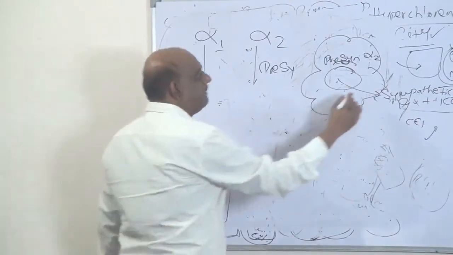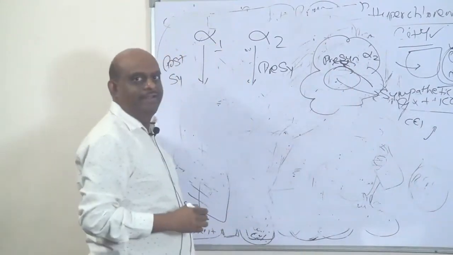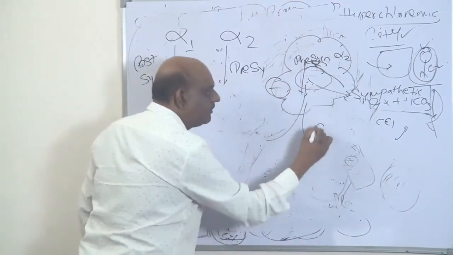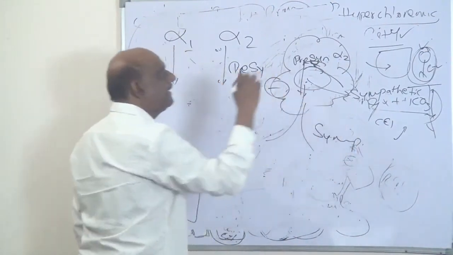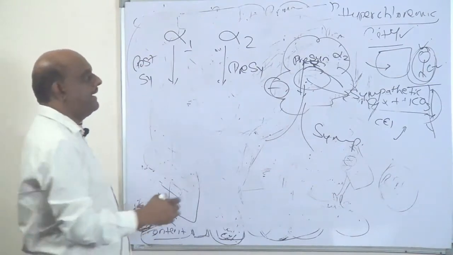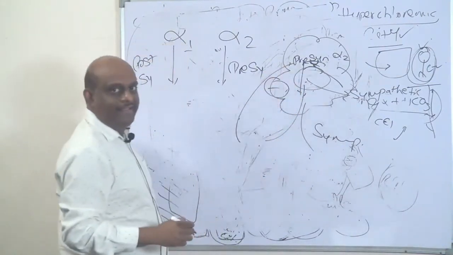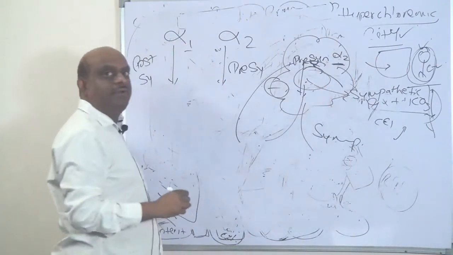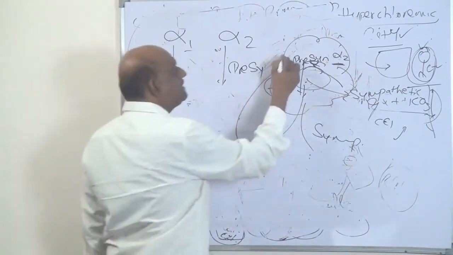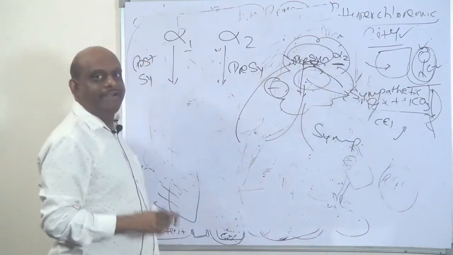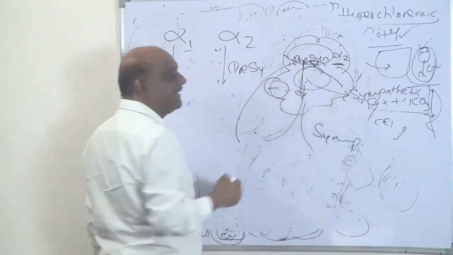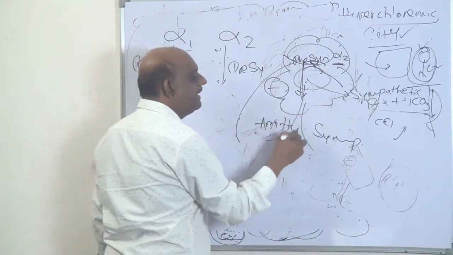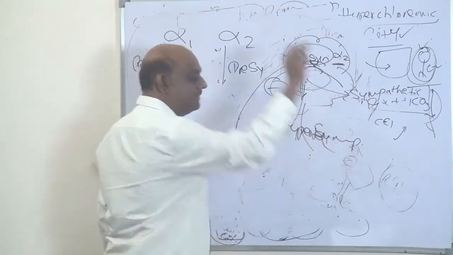If this presynaptic receptor is stimulated, then it will decrease the sympathetic outflow. So clonidine-like drug acts centrally. It is the agonist of the alpha 2 receptor. It makes the presynaptic receptor get stimulated, and that decreases the sympathetic outflow, and that acts like an antihypertensive is what you need to remember.